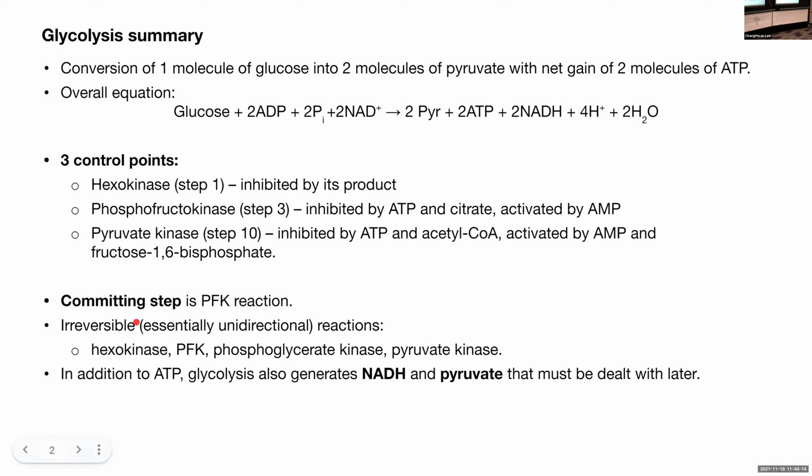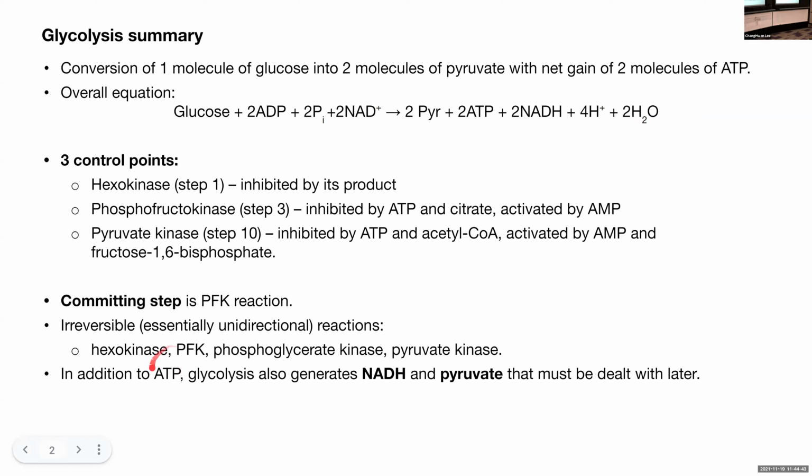It's essentially unidirectional, as well as a couple more of those unidirectional reactions, including the hexokinase reaction step and the pyruvate kinase too, which are basically the same as these control points. So these control points work as a checkpoint, whether the cells are ready or not. Once they are ready, just move forward, and then we'll never go back.